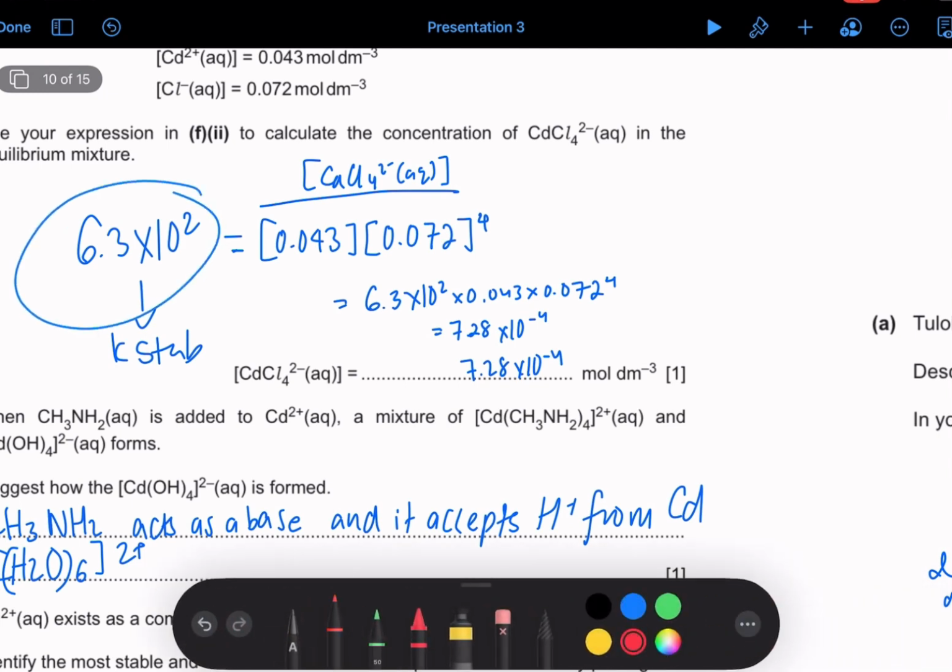Rearrange so that it goes to this side: 6.3 times 10 to the power of 2 times the concentration, which is raised to the power of 4. You get the concentration of CdCl4 2-, which is 7.28 times 10 to the power of -4.